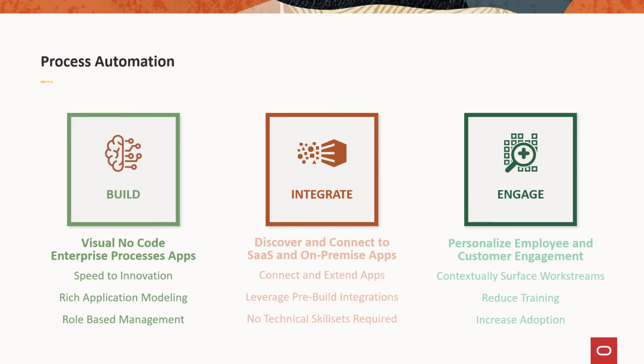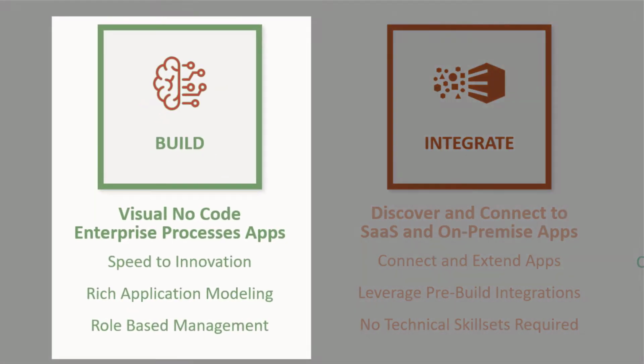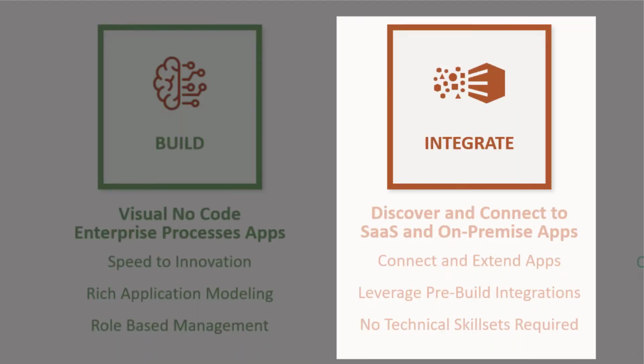How do you go through building process automation? We can take this in 3 steps. First, building applications that enable you to automate these processes, using visual no-code practices to help you build process applications. Second, integrating these applications with your SaaS and on-prem apps within your enterprise.